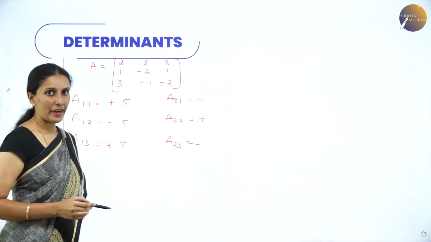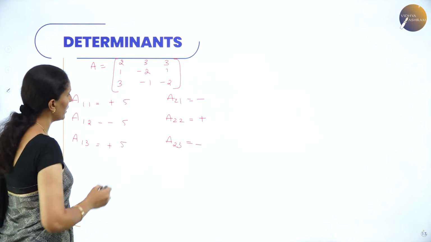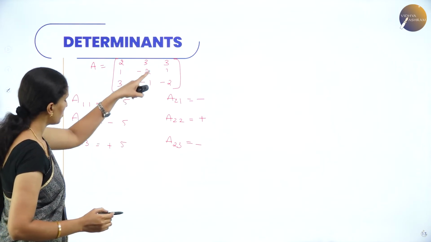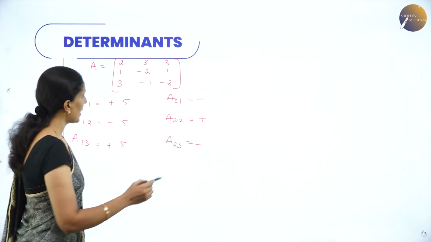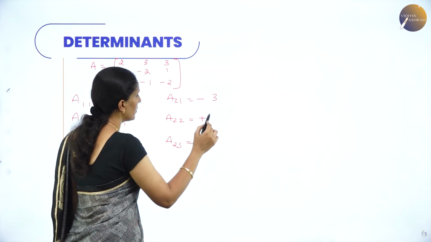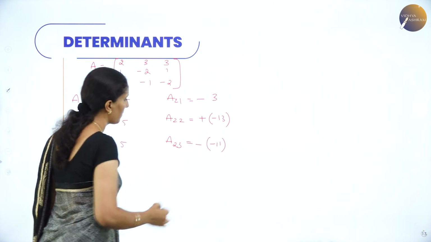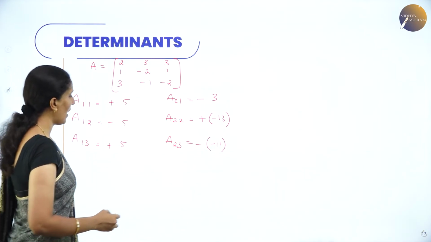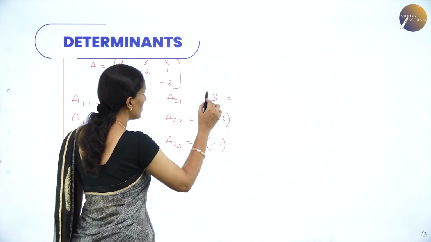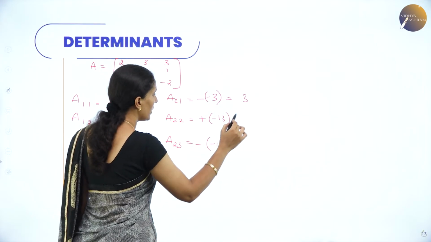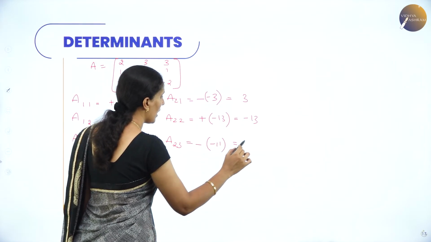By finding the minor of the particular row, for 1, minus 2 and 1, we get the values as 3. So here we get minus 13 and here we get minus 11. Solving this, the values become minus 3, 3, minus 13 and 11.